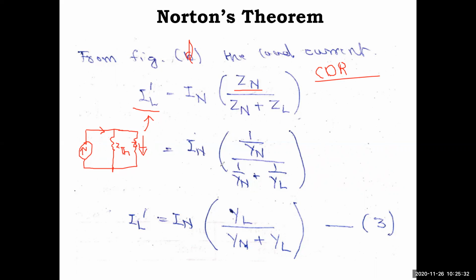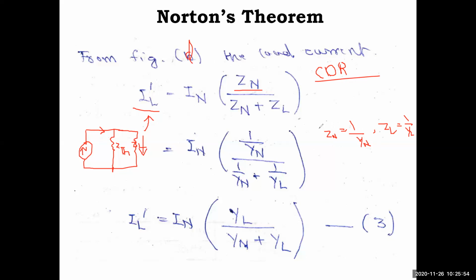Then I will substitute again here, because in the first case I showed you, so I have not shown again. So for Zn you substitute in terms of admittance, 1 by Yn, and for ZL you substitute 1 by YL. Note down this. If you are not following, take the LCM.